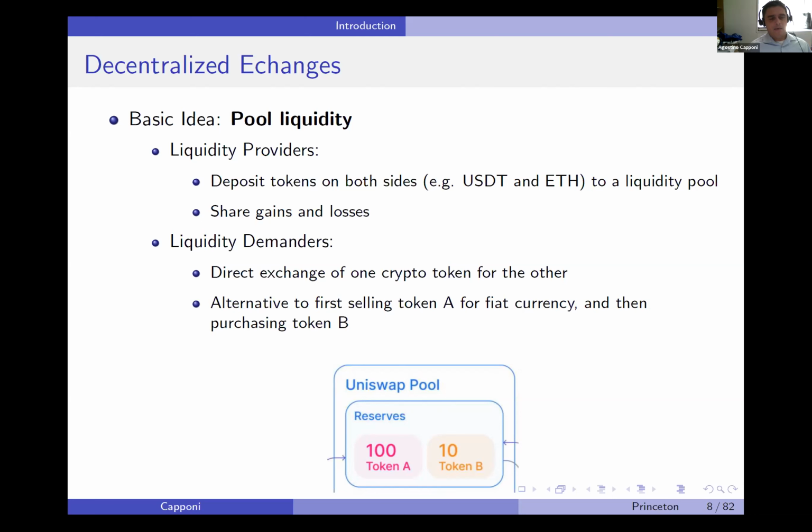And the idea here is that you directly exchange one token for the other. This is an alternative to selling one token, getting, let's say, US dollars or euros, and then using the euros to buy the other token. You can do this atomically, right? You just encode this transaction into the smart contract, and when the validator executes your transaction, it will directly swap one token for the other.